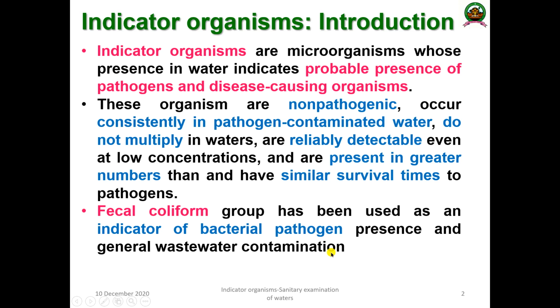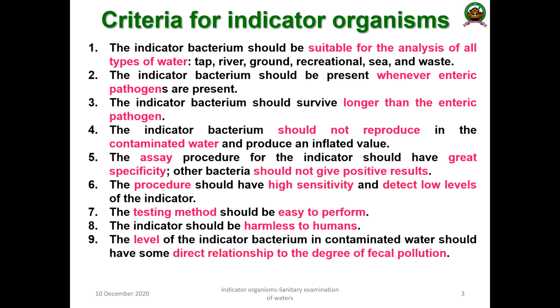The presence of bacterial pathogens can be detected by checking the fecal coliform count. If you see fecal coliform in water, that indicates that the water has many types of pathogenic bacteria. So those are indicator microorganisms.